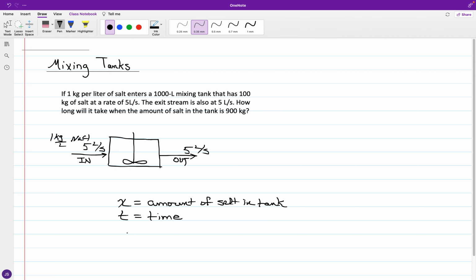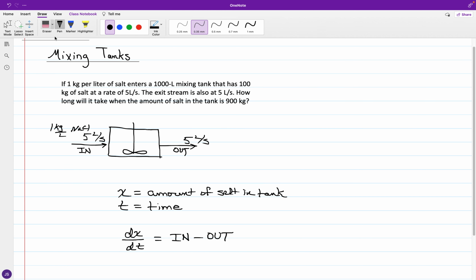Setting things up along the lines of working with differential equations, the amount of salt in the tank is going to be changing with respect to time. And the change is going to be the difference between what is going in and what is going out. You have the same volumetric flow streams, but I'm looking at the change in terms of the amount of salt that is present.